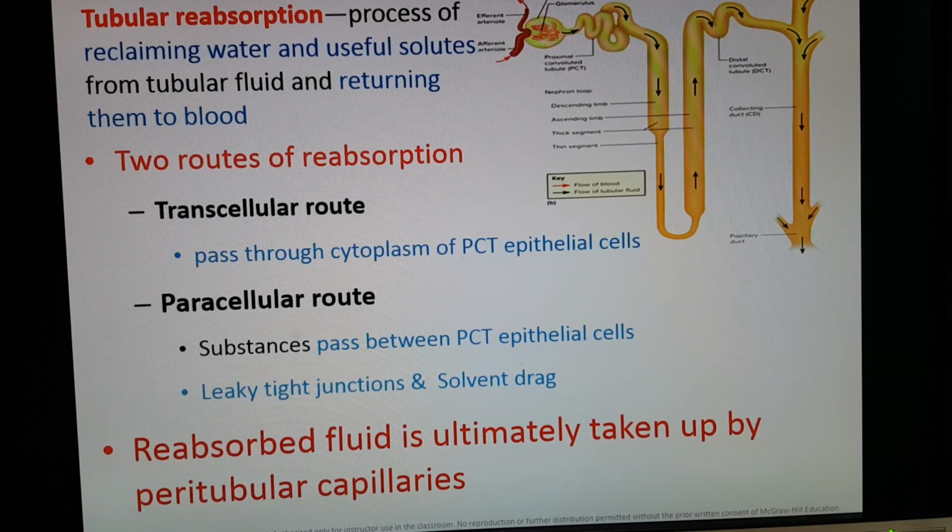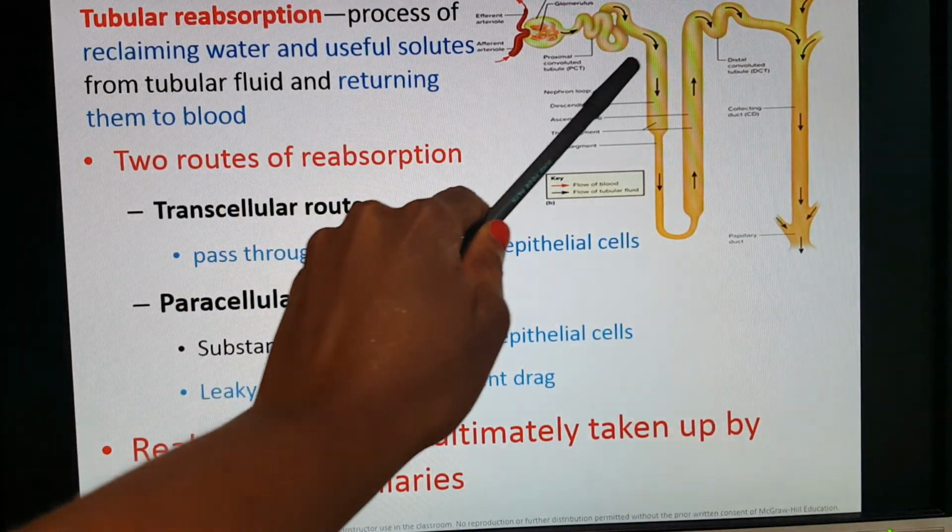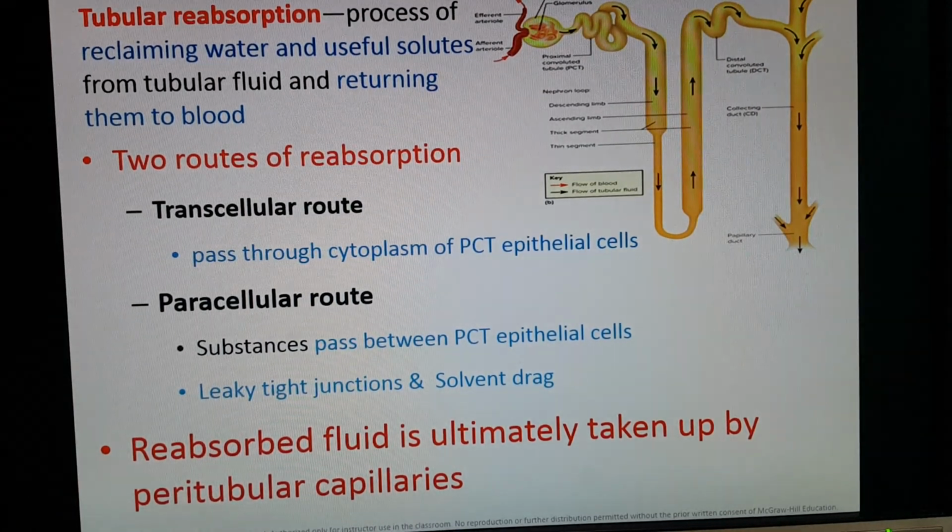This reabsorbed fluid is ultimately taken up by the peritubular capillaries. So stuff that we actually want to keep in the body gets reabsorbed from the filtrate in the tubules and then taken back up into those peritubular capillaries.